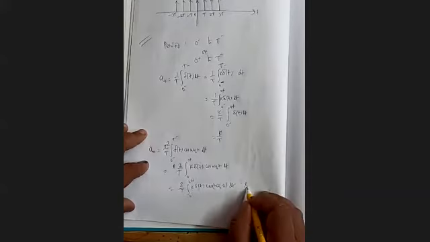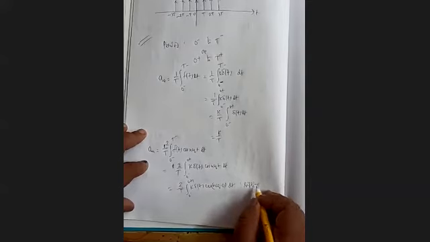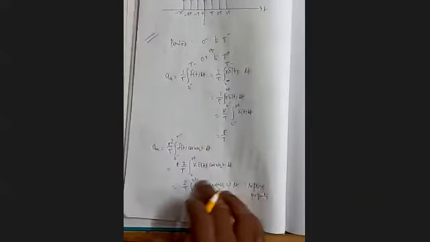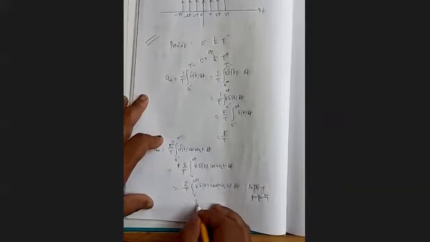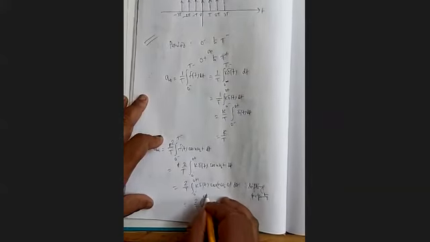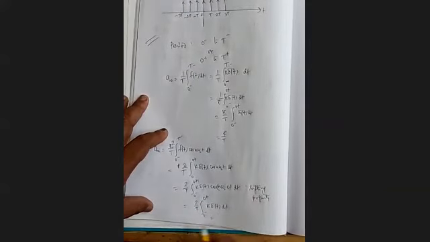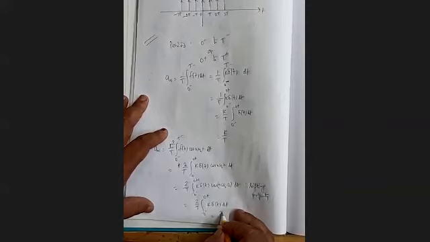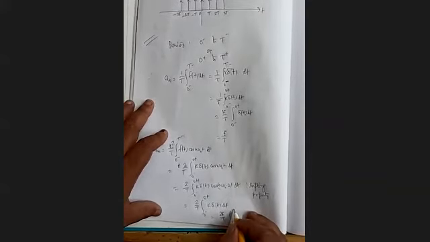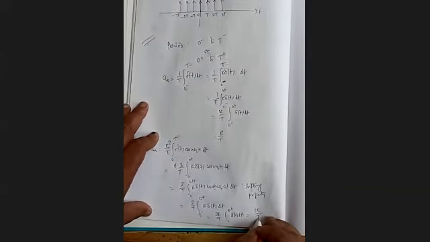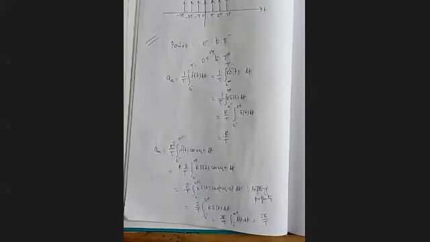That is our shifting property; you know this thing. But cos 0 equals 1. So it is 2 by T, integration from 0 minus to 0 plus of k delta t dt. k comes outside, so it is 2k by T. So that is the value of an.